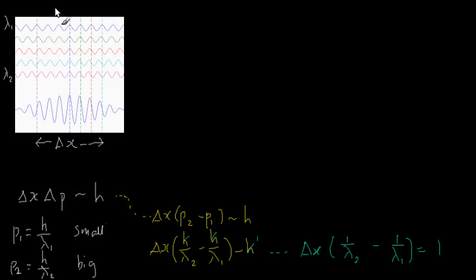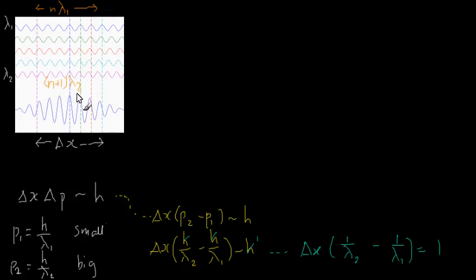Let's say there are n lambda 1, n wavelengths from there to that. And down here, as we understand, there would be an additional wavelength, so it's n plus 1 times lambda 2.